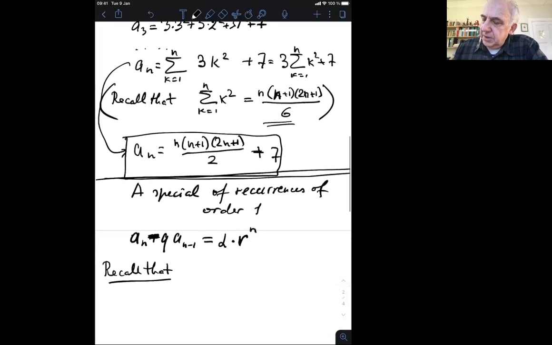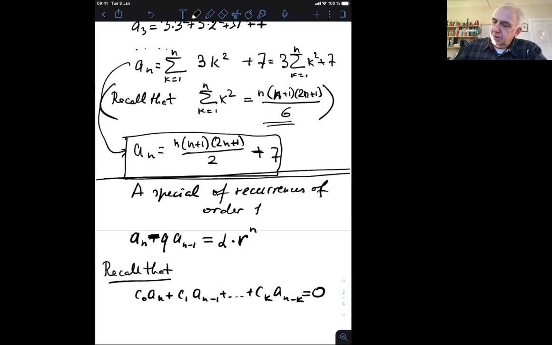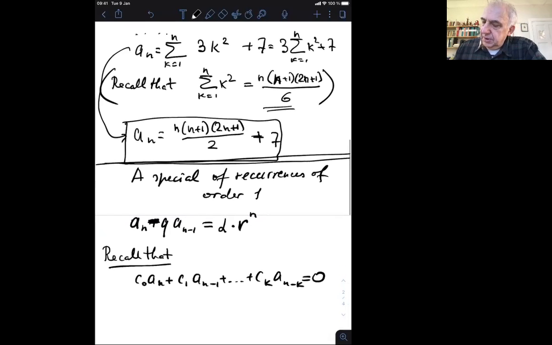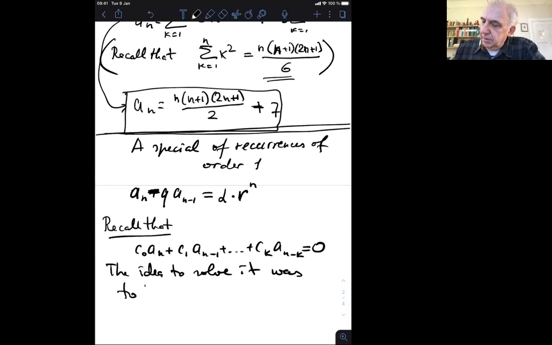If I have a linear recurrence with constant coefficients, c_0 a_n plus c_1 a_{n-1} plus and so on plus c_k a_{n-k} equal to 0, the idea to solve it, you probably remember, was to try a_n equals some r to the power n, where r is unknown.